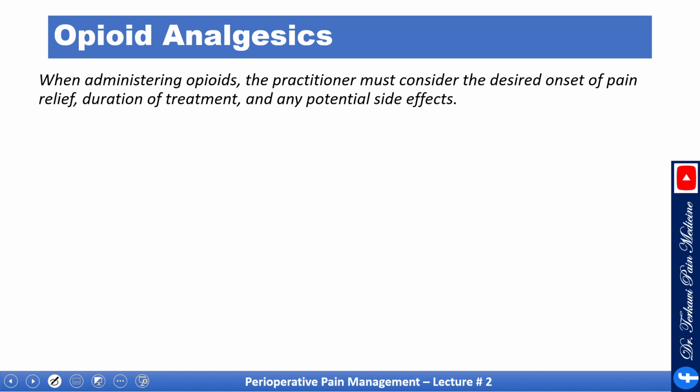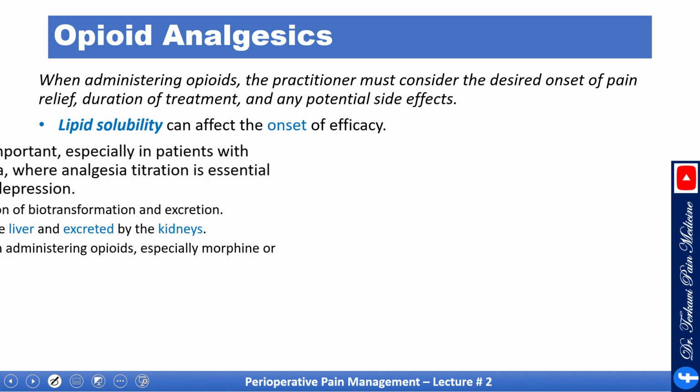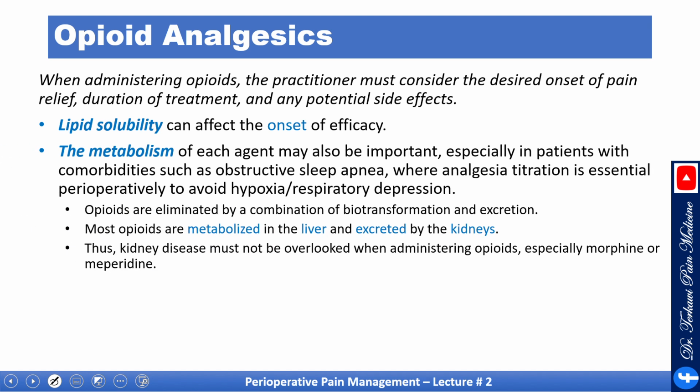When administering opioids, the practitioner should consider the desired onset of pain relief, duration of treatment, and any potential side effects. Lipid solubility is what affects the onset of efficacy. Metabolism of each agent may also be important.